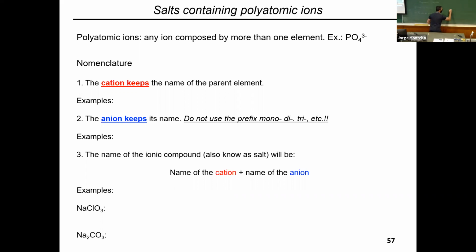Now let's combine these 2 ions. So always starting with the positive, followed by the negative. Because this is a complex oxo anion, I'm going to put it between parentheses and indicate the charge on the outside here. The rule is to cross the charges. 3 becomes the number of magnesium ions.